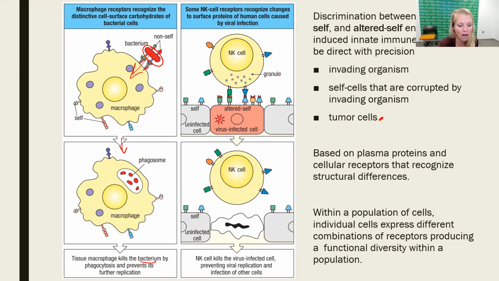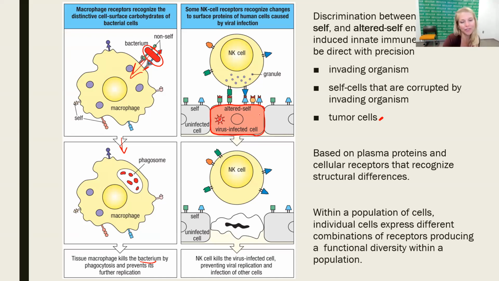Now, in the case of an altered self cell, this is a self cell, but it has been infected by a virus. We will learn that virally infected cells actually put up little flags that say, help, I'm infected, I need to be killed, right?